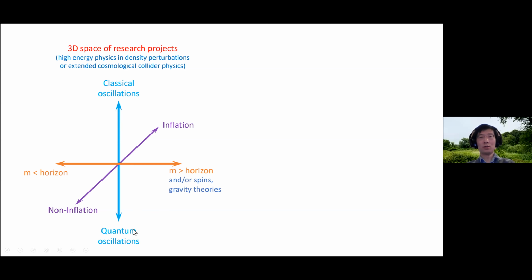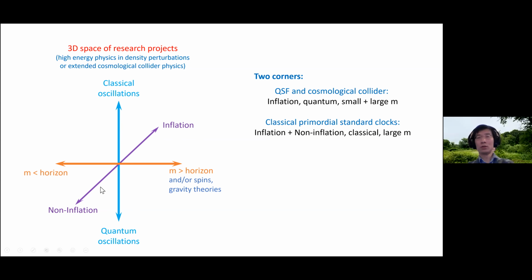And in cosmological collider physics, we are interested in quantum oscillations. One of the directions is interested only in inflation, but the other is interested in both inflation and non-inflation, as Guy just mentioned. So the previous two directions are just two corners of this whole parameter space.